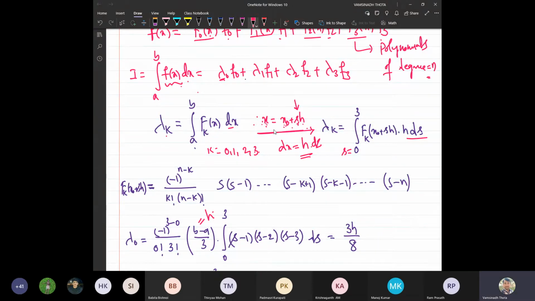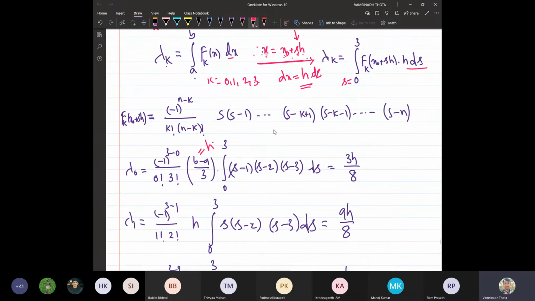Okay, and of course, because of the equispaced nodal points, we have already seen how this fk of x0 plus sh looks like. Generally, what are these? These are the Lagrange fundamental polynomials, and they have a very particular format. But when the nodal points are equispaced, this is another form of the Lagrange fundamental polynomials, right?